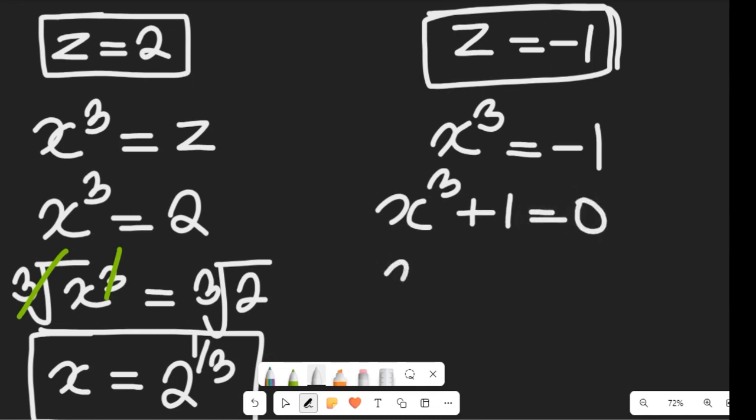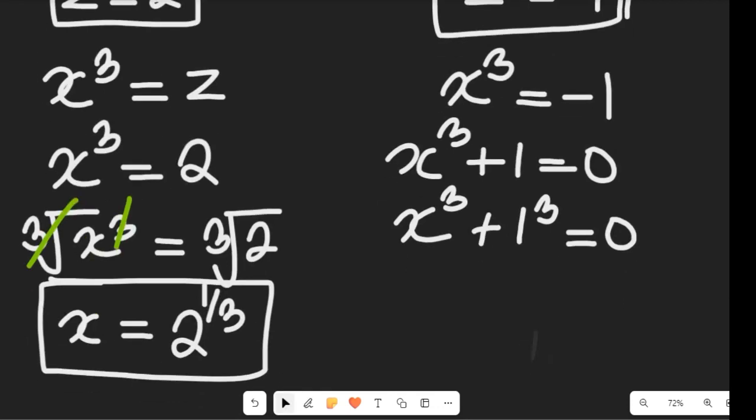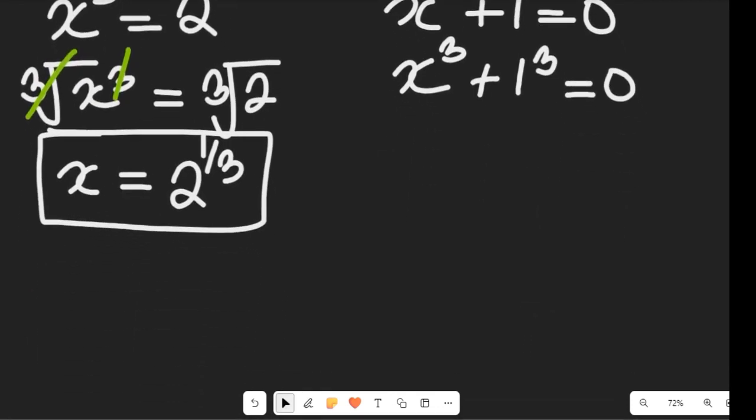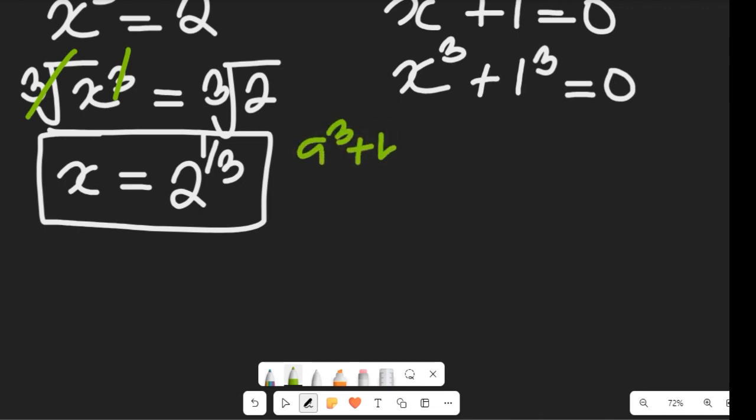Now recall that this can be written as x to the power of 3 plus 1 to the power of 3, and this will be equal to 0. Now think about an algebraic formula. If you recall the algebraic formula, we have a to the power of 3 plus b to the power of 3, and this can be equal to a plus b, right?